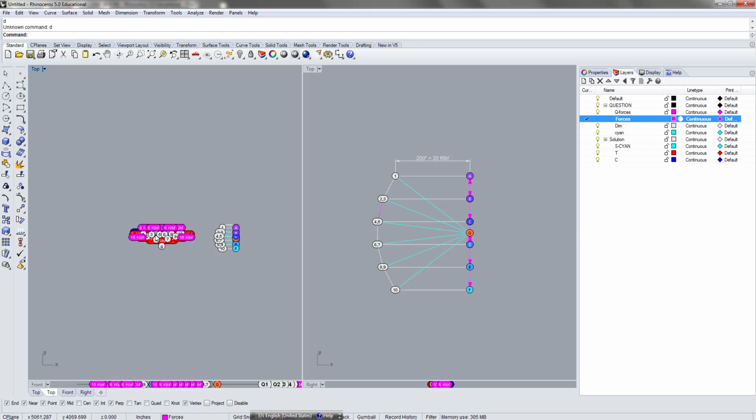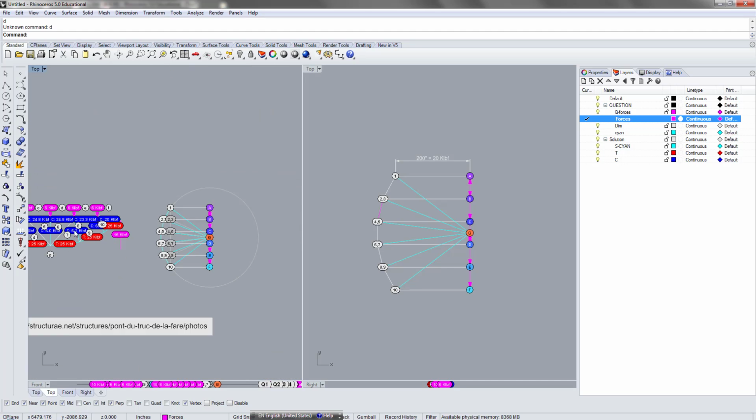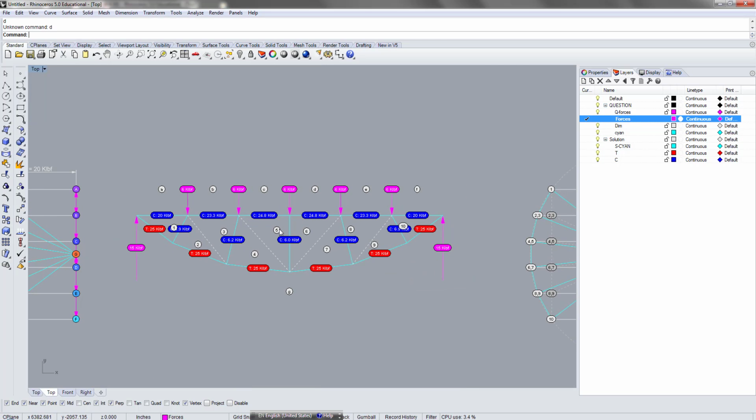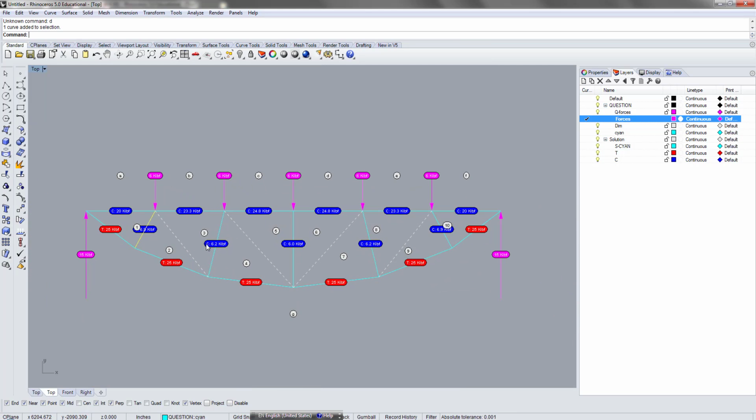So if you completed this exercise, you should get a reading something like this. All of these are in compression, all of these are in compression, and the bottom chord is in tension.